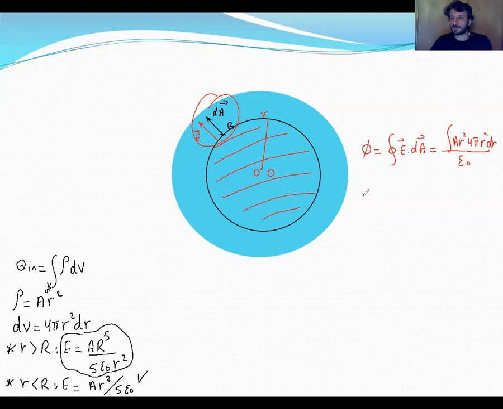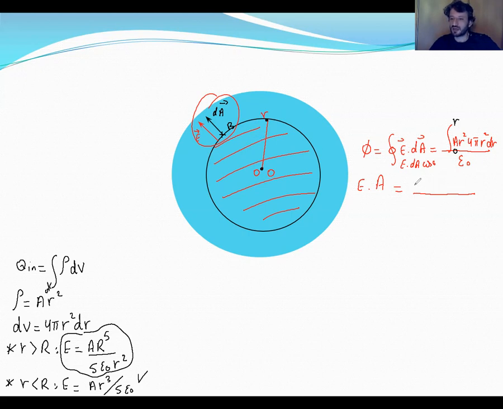So here we can write E dA cosine 0, EA equals the integral. Don't forget the limit of the charge between 0 and small r, Qn inside this one.